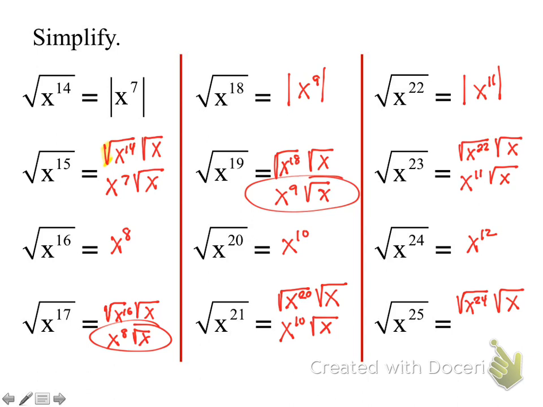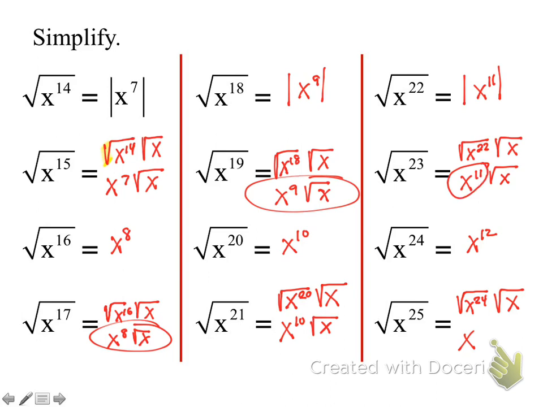24 and 1 is 25. Now what's the square root of x to the 24th? X to the 8th? No. X to the 8th times x to the 8th equals x to the 24th? No. What times what equals x to the 24th? Look, what times what equals x to the 22nd?